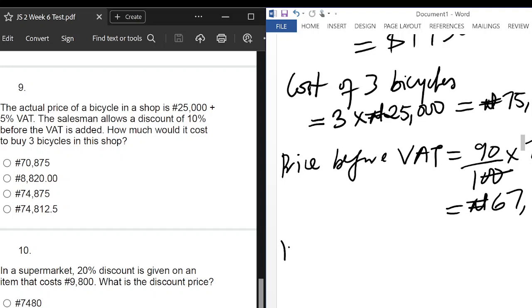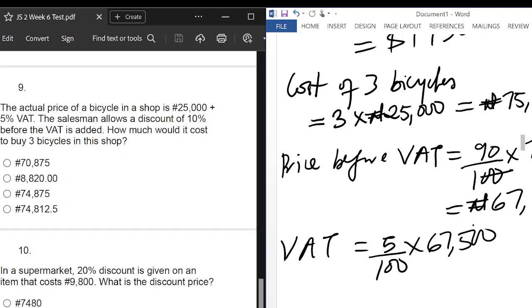Since VAT is 5%, the VAT will be 5% of this, which will be added to the price. So multiply 67,500 by 0.05. So the VAT is 3,375.